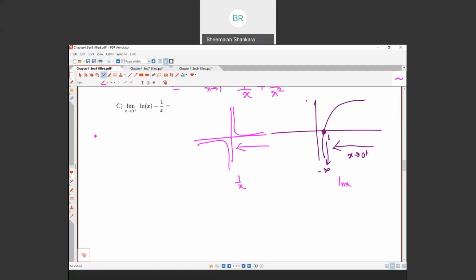So we would write the first value is negative infinity from the ln curve. Then you have a negative sign. Then the limit of the second function is going to positive infinity.